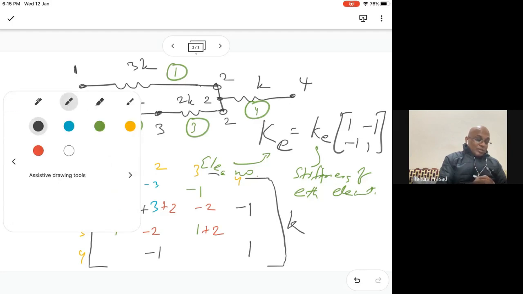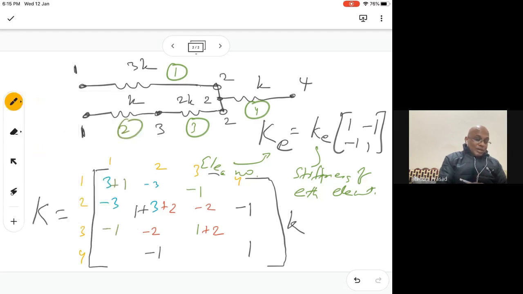Let me use yellow color for that case. So we get 0 here, and 0 here, and 0 here, and 0. So we have this stiffness matrix.